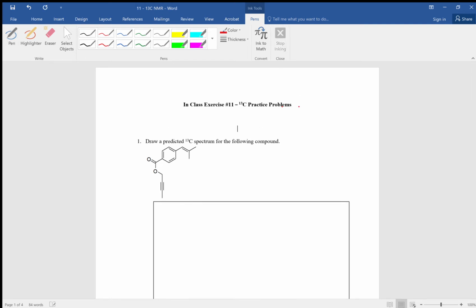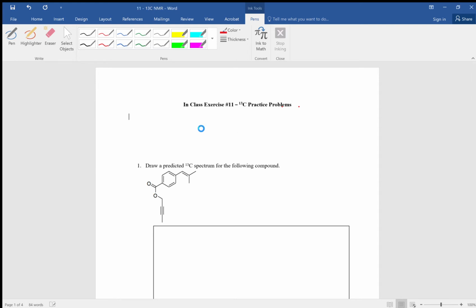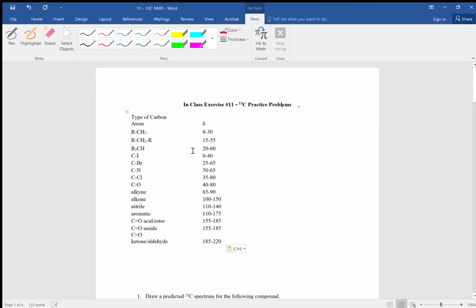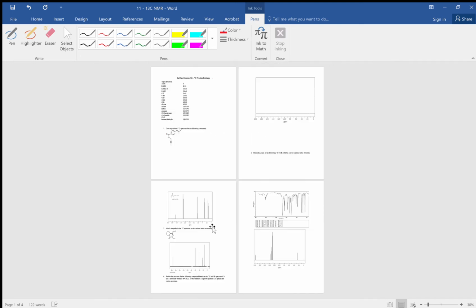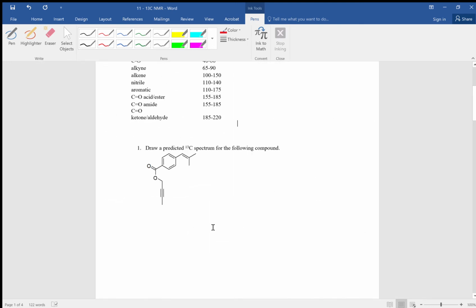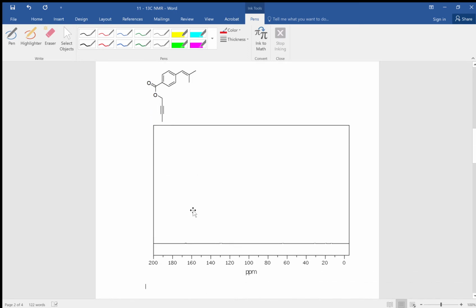Well, I would start by getting out my chart. And that could be this one, which is posted for you on Blackboard and is the one that I would give you on an exam. Or it could be any other chart, such as one you find in the textbook.